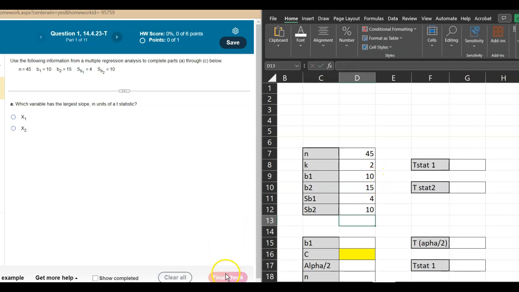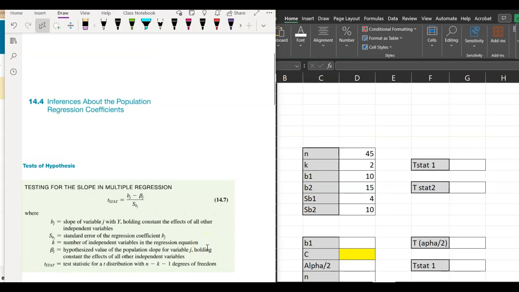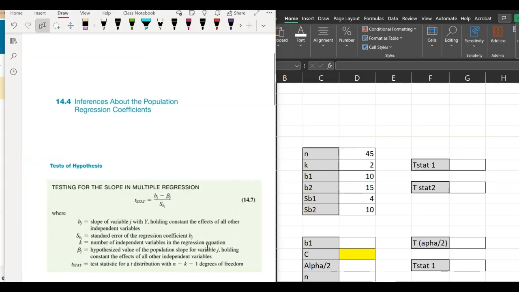Now what we have to do is apply the formula. I'm going to apply it for the t-stat, the first one. So this is my formula, and what I'm doing here is calculating the t-stat. According to your formula, the t-stat is b1 minus beta 1 divided by sb1.